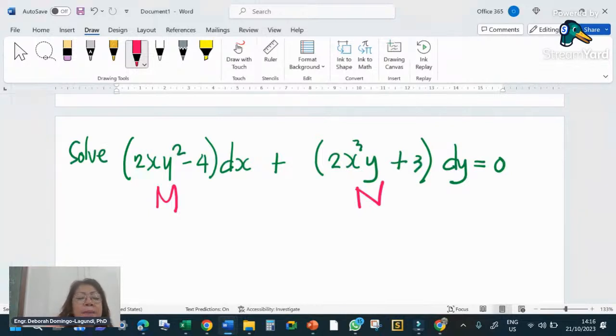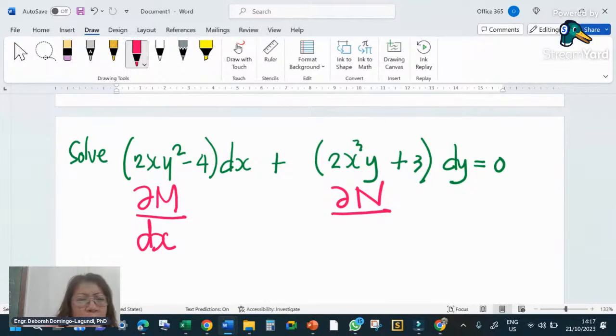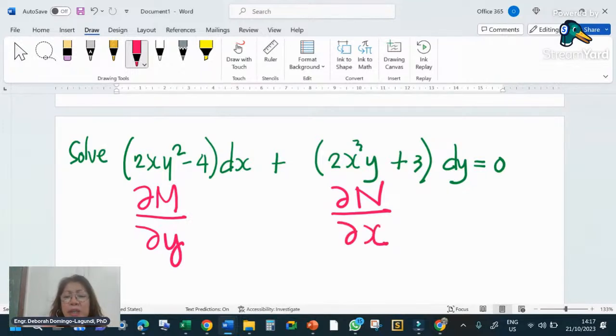So, the partial derivative of M with respect to y, and the partial derivative of N with respect to x.